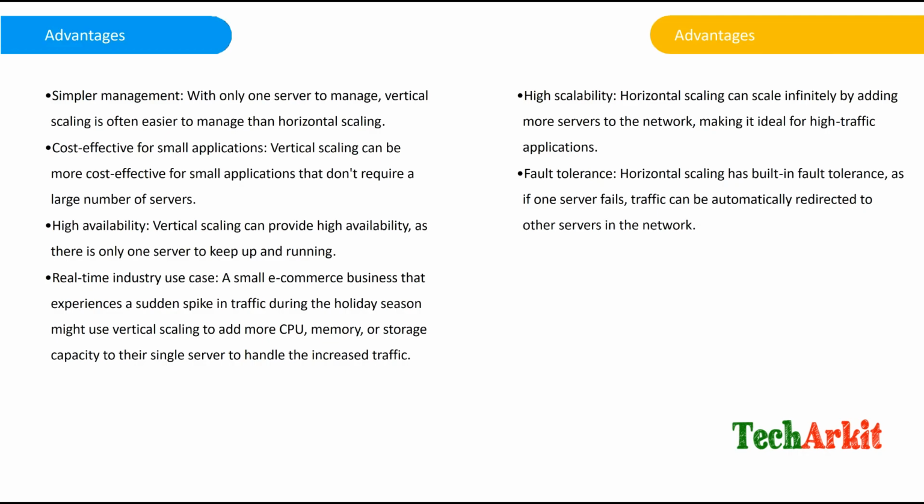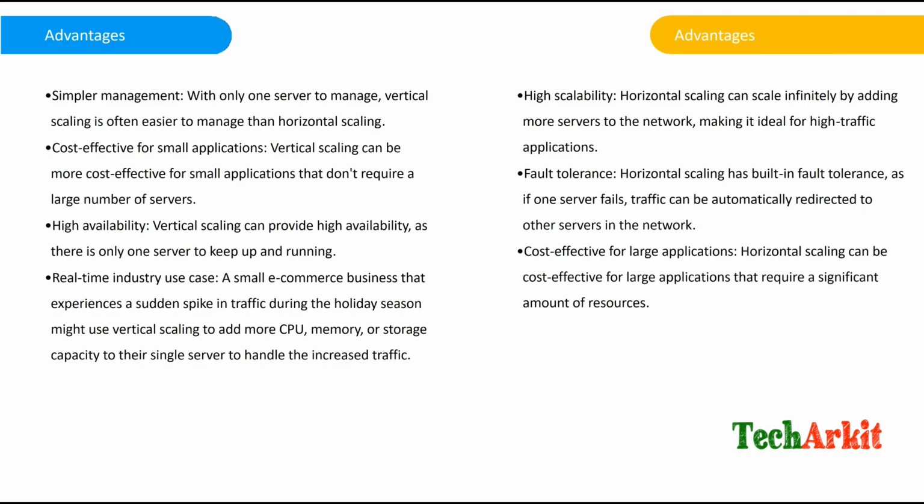For example, if one piece of hardware fails, you have multiple servers to provide tolerance. Horizontal scaling has built-in fault tolerance: if one server fails, traffic can be automatically redirected to other servers in the network. So that is the fault tolerance available in horizontal scaling.